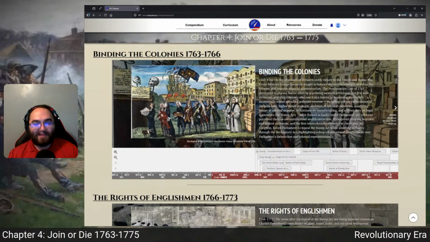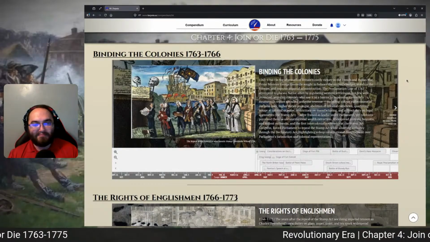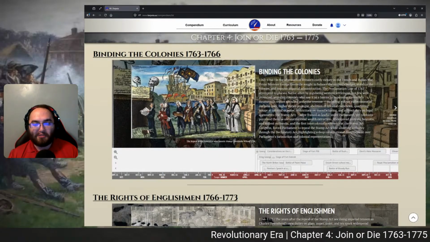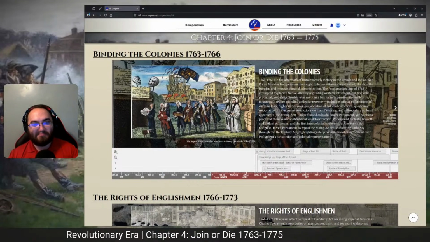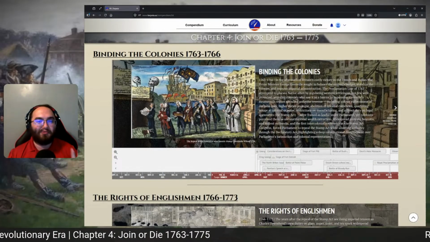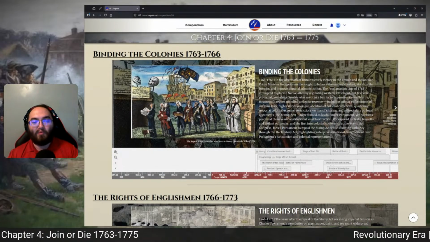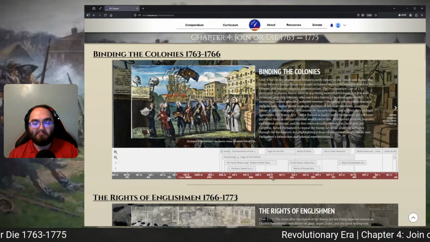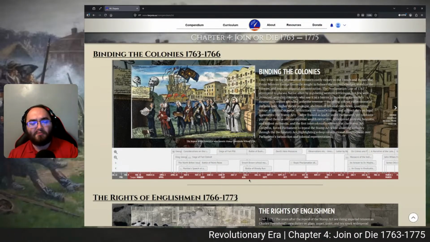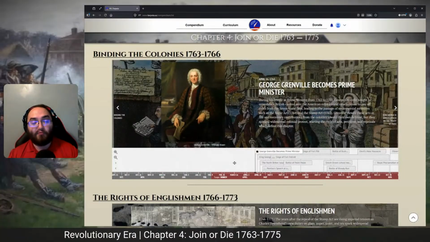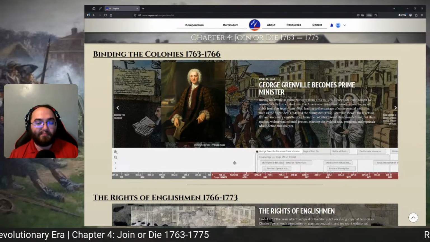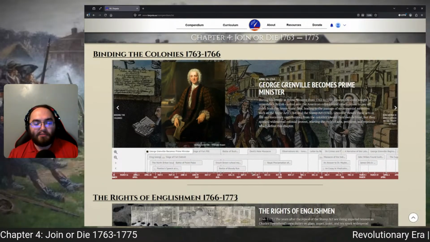Keeping track of European alliances is a challenge in itself. So we're just sticking to the North American colonial perspective of the war and the aftermath, and the English perspective.